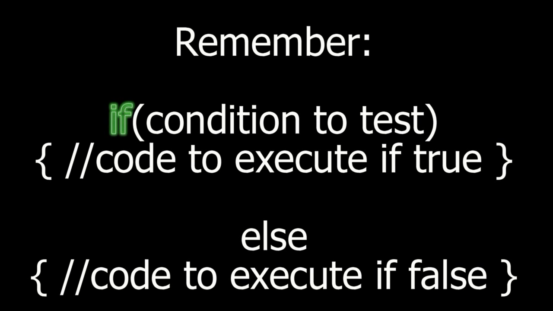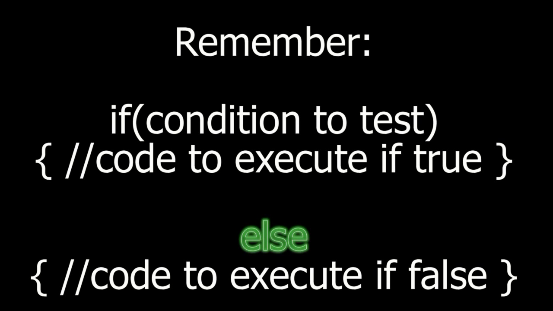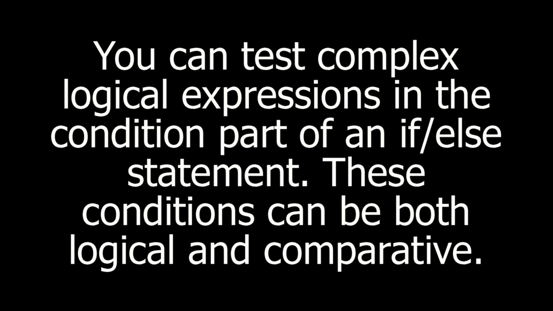A simple if-else structure begins with if, the condition to test, and the code to execute if that condition is true. If the condition is not met, it goes to the else block, also in curly braces, and then that code would be executed. You can test complex logical expressions in the condition part of an if-else statement. These conditions can be both logical and comparative.